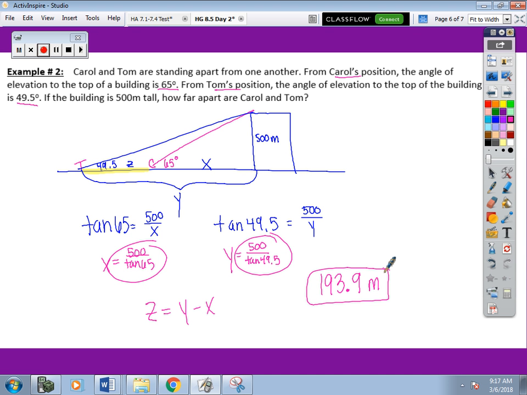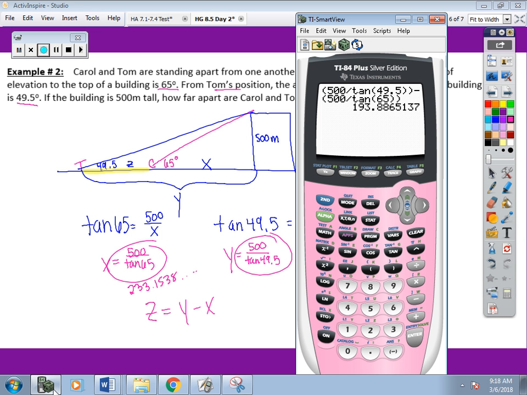If you did it piece by piece, you would have got the answers for x was 233.1538 something, and y was 427.0403, and then we do subtract those. Okay. But did everyone see how I put it into the calculator, subtraction wise, and you can just do that all at once. You don't have to write out all your decimals.